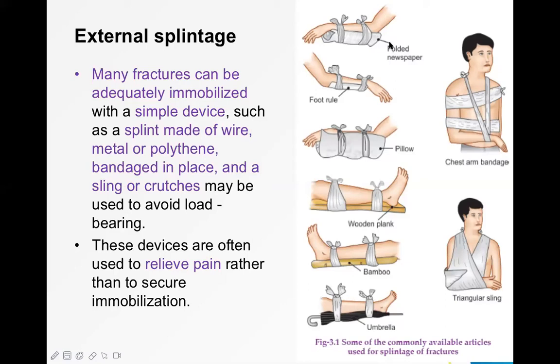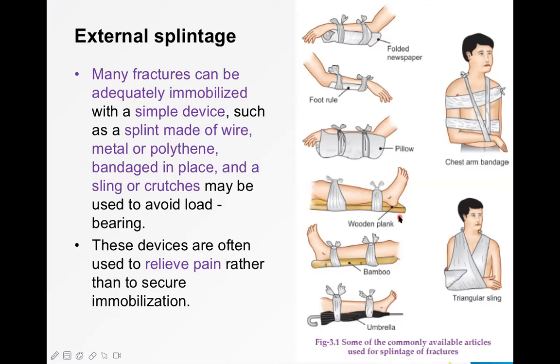Now, quickly, let's have a look at this picture. Here there is a folded newspaper which can be used as a splint. Here is a foot rule which can be tied at the fracture site so that it can act as a splint. A pillow can also be used. If nothing is available, we can use these types of things.